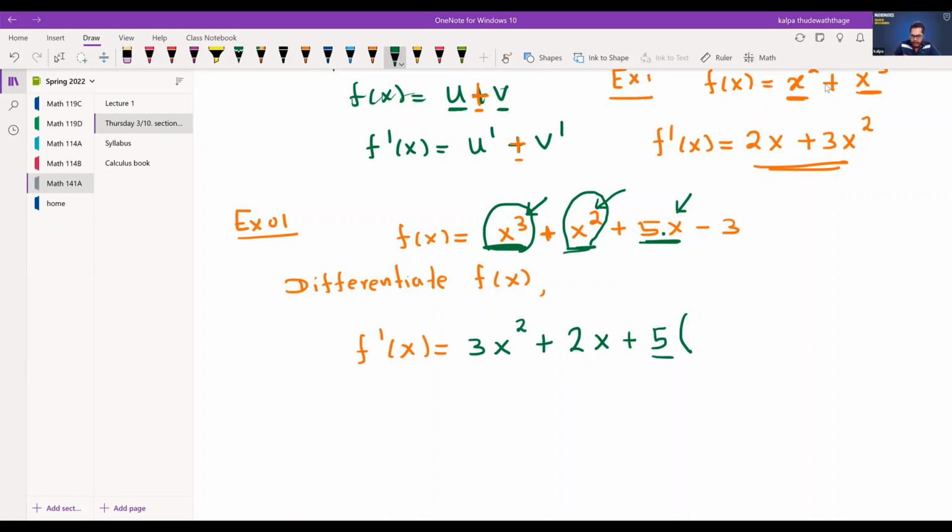The constant remains as it is, and you think about x. So x has power 1. If you take the derivative, this power comes down, which is 1 x, and if you subtract 1 from 1, what you get? 0. So this is 1. Is it clear? Yes, Pedro?